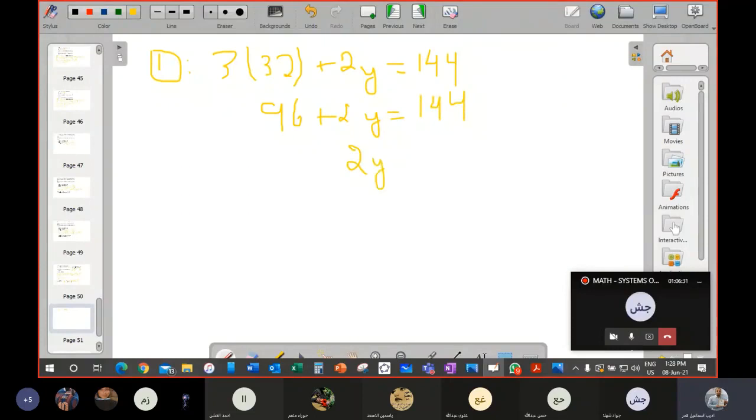2y equals 144 minus 96. 144 minus 96 is how much? 48.